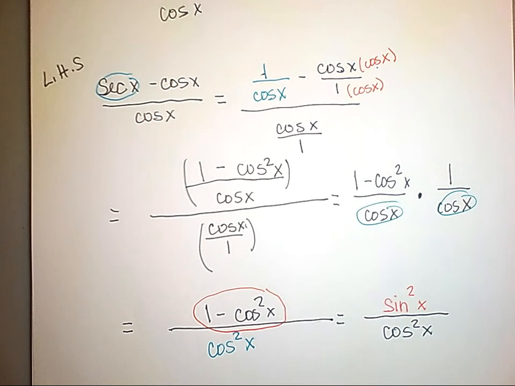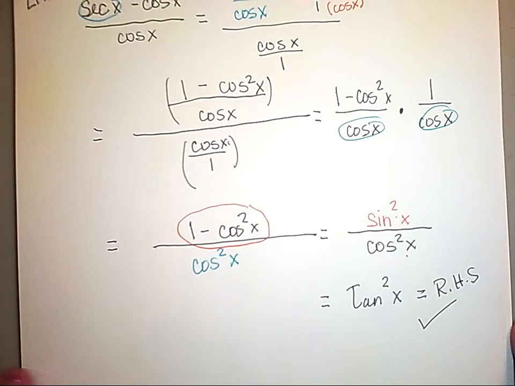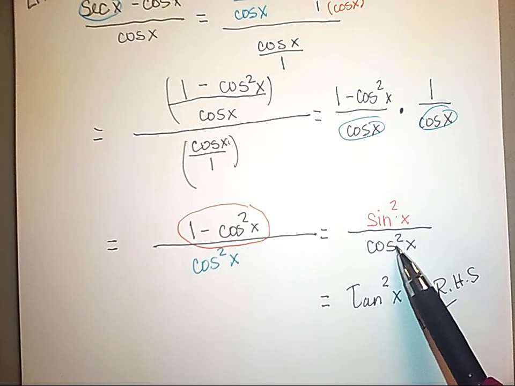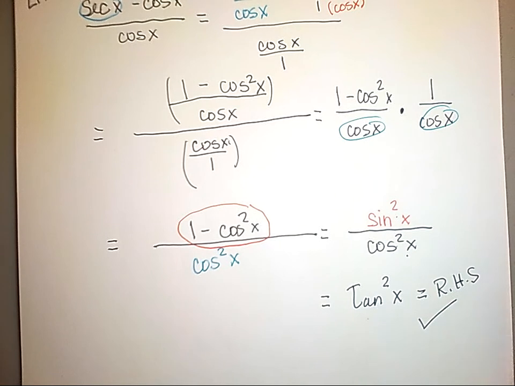And now we're done. We've done it. Sine squared over cosine squared is tangent squared of x, and that's equal to the right-hand side of the equation, which is what we were trying to prove.